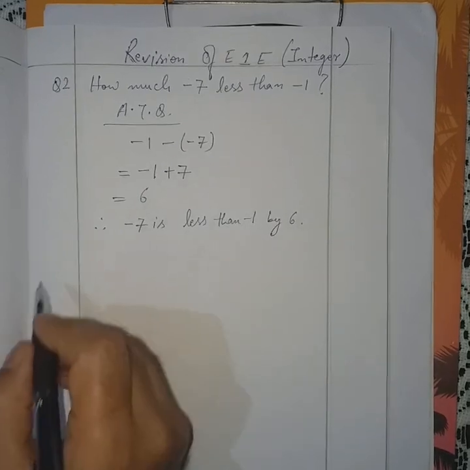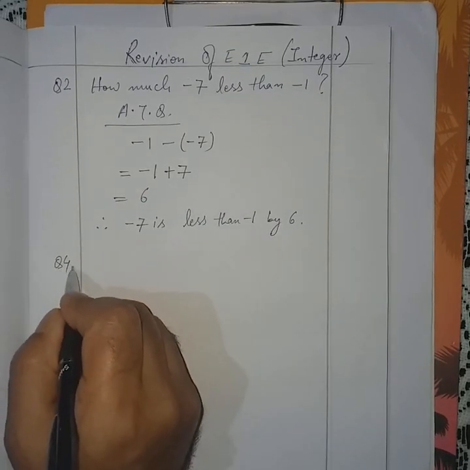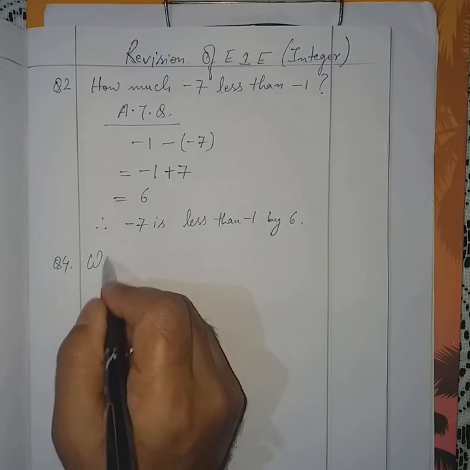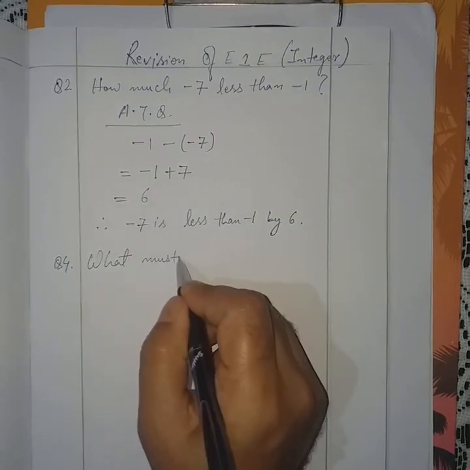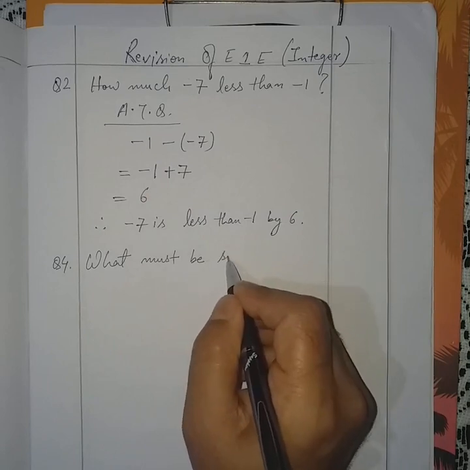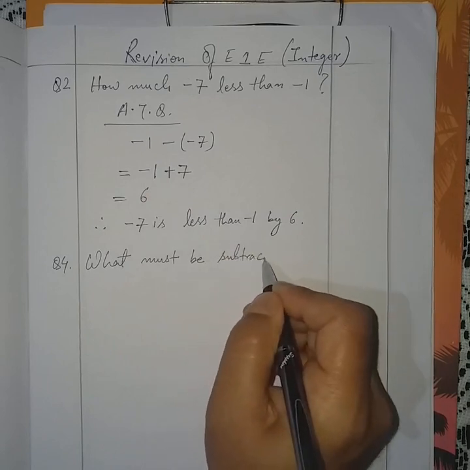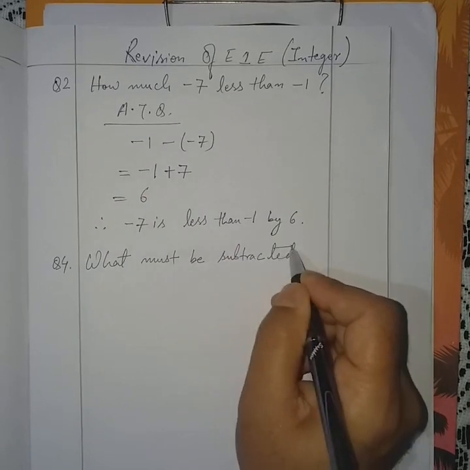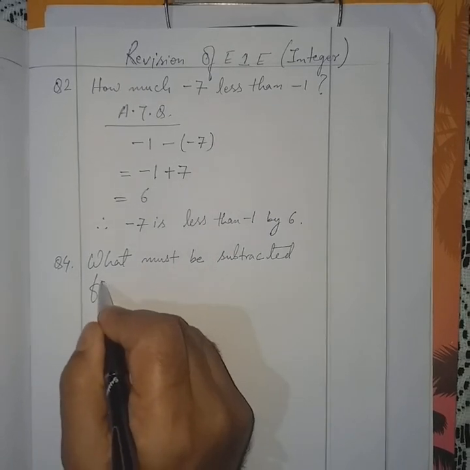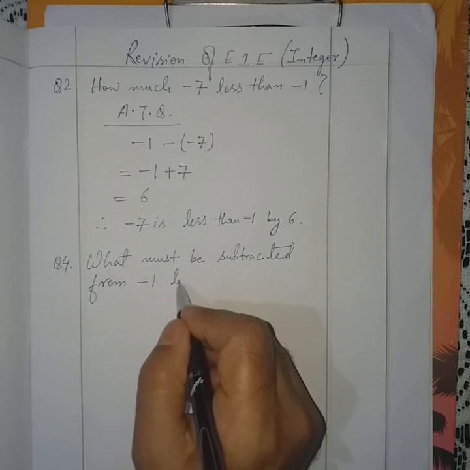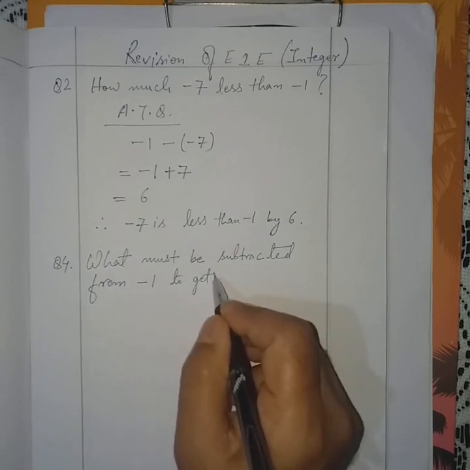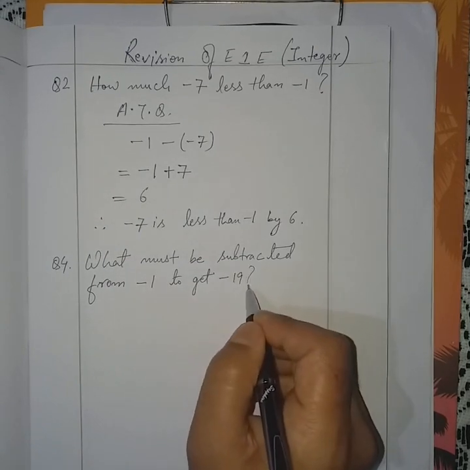Question number 4. What must be subtracted from minus 1 to get minus 19?